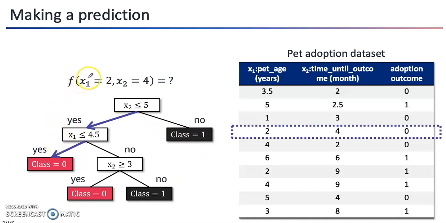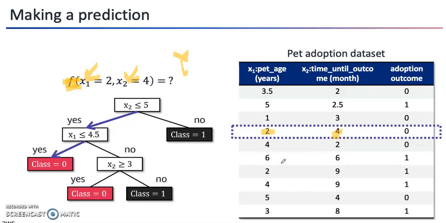We could use the notation f for the target, the output, given these specific inputs, for example x1 at the value of 2 and x2 at a value of 4. What would be the value of the target, assuming that y equals f evaluated at specific values of x?